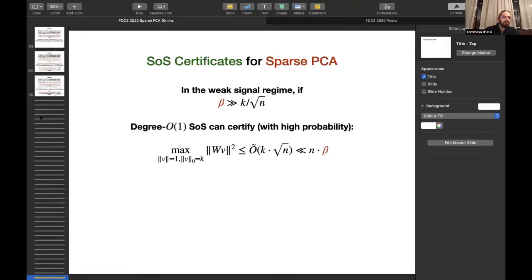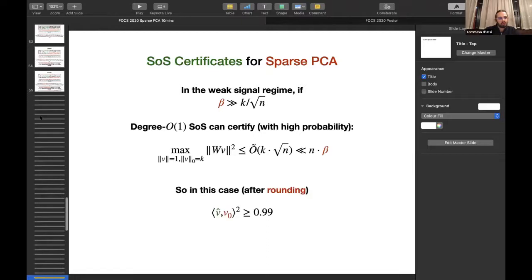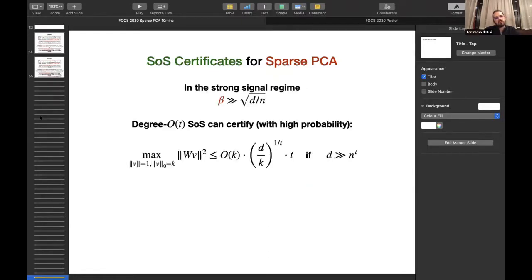In particular, we want to certify some bound on the sparse quadratic form of the Gaussian matrix. It depends on the regime, but let's say in the weak signal regime, maybe you can use some simple spectral bound, and in the other case, you need to use certifiable sub-Gaussianity, and that's how you get these constraints between the ds to be larger than n to the t.